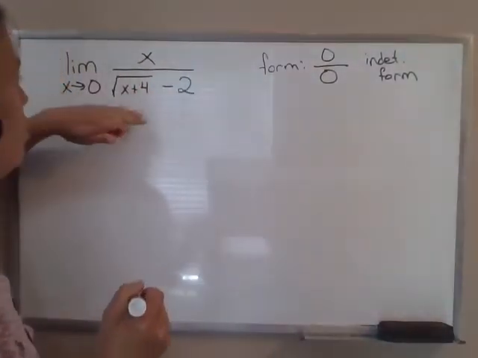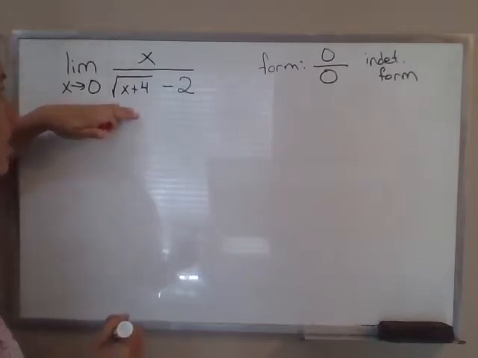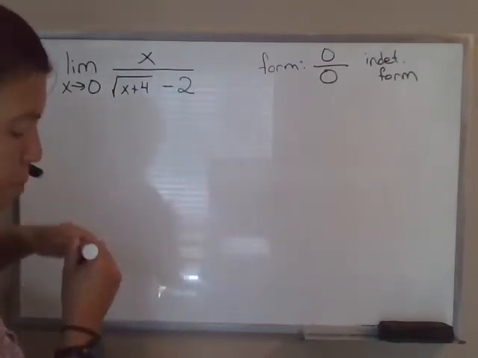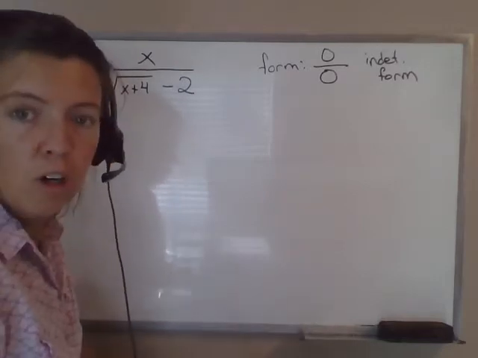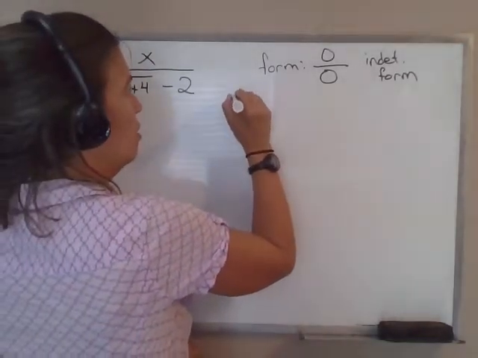So the trick to these problems where you have a radical expression is to multiply the numerator and denominator by the conjugate of that radical expression. And I'll put that in writing.